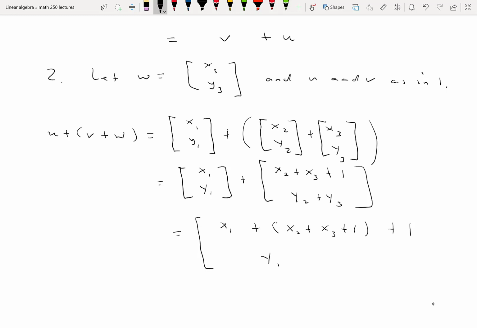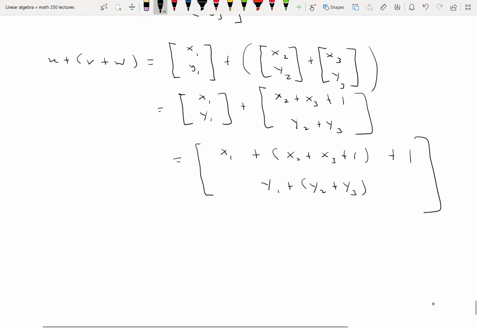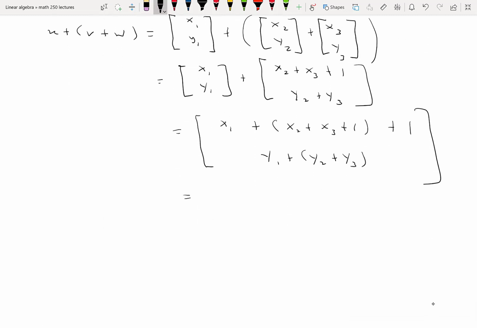So y1 plus y2 in the second entries, you don't. Just normal addition. Okay, so the entries are all real numbers in this column vector, so we can take off parentheses. This is x1 plus x2 plus x3 plus 2. This is y1 plus y2 plus y3.